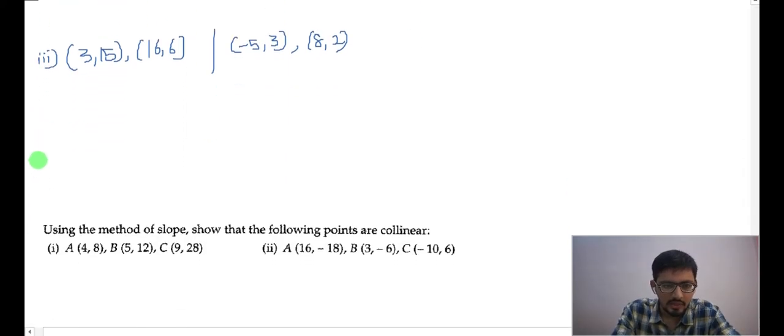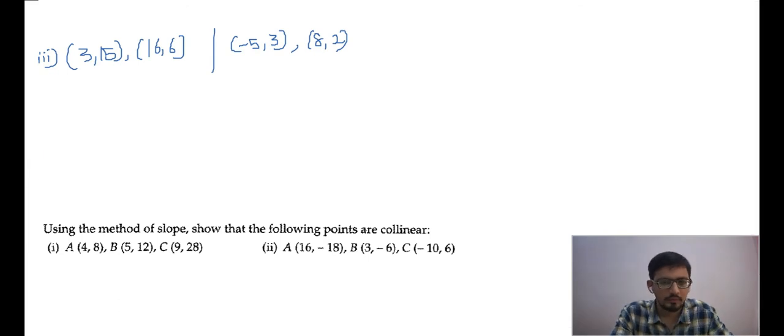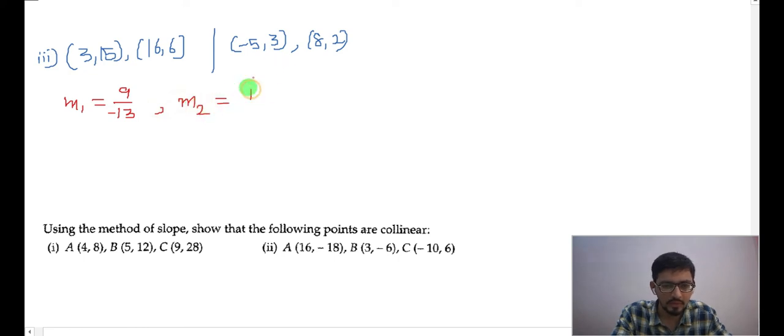Next question, number 3. For this question, same story, m1: I will do 15 minus 6 which is 9, and 3 minus 16 which is -13. So m1 I got -9 by 13. Then m2: 3 minus 2 is 1, -5 minus 8 is -13.